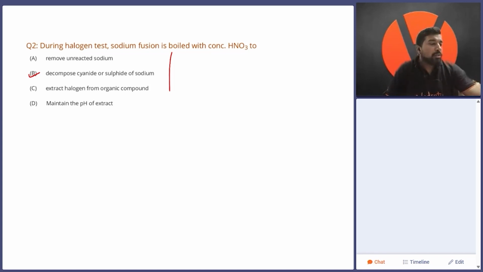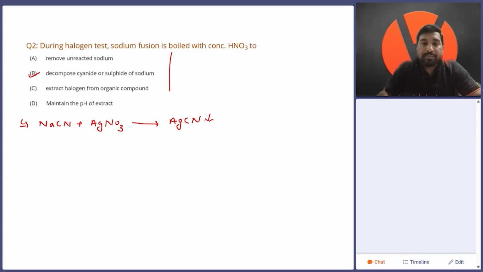If nitrogen is present, NaCN is present, and it can react with AgNO3 and give AgCN, which is a black color PPT.